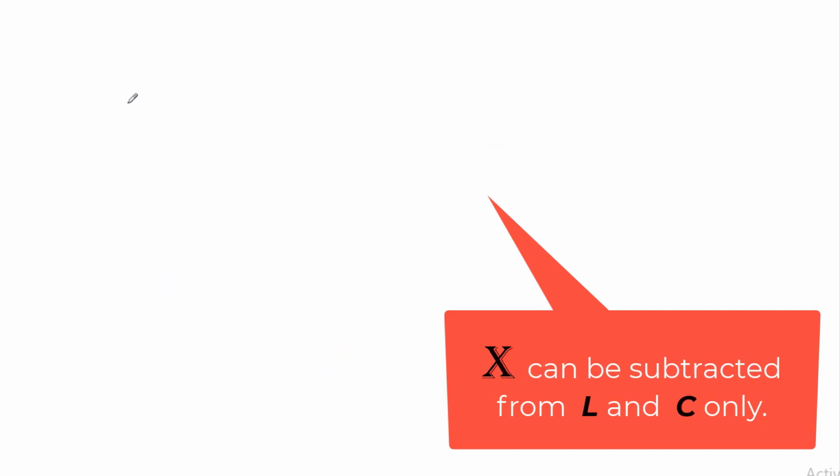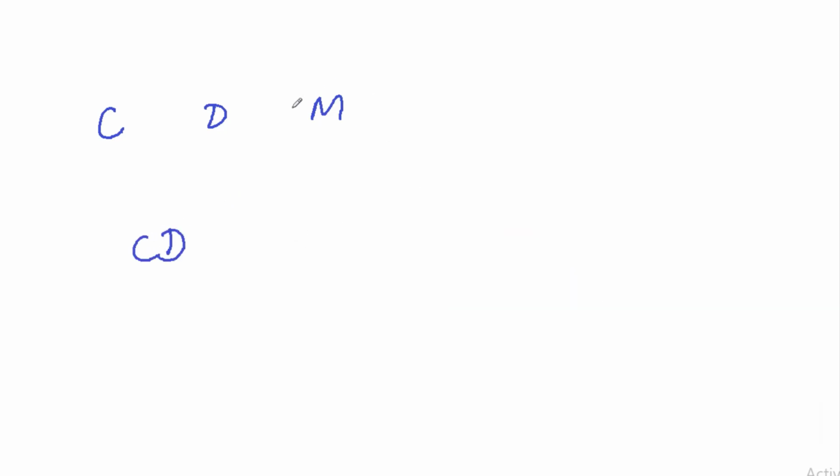Same way, X can be subtracted only from L and C. L minus X, that is 50 minus 10, is 40, and for 90 you will write C minus X. And finally, you can subtract the C from D and M. If you want to write 400, you can write 500 minus 100, and if you want to write 900, you can write 1000 minus 100. Are you clear with this?